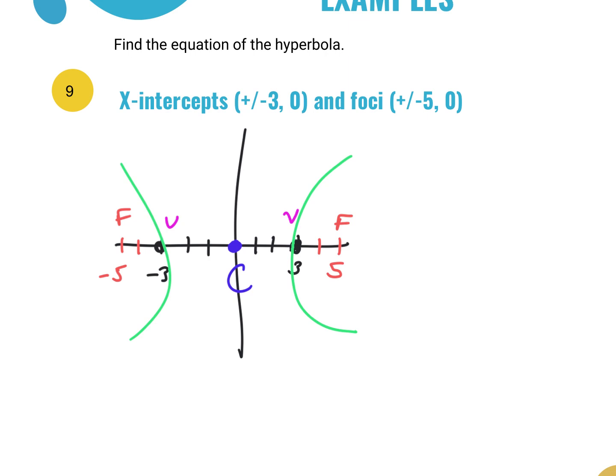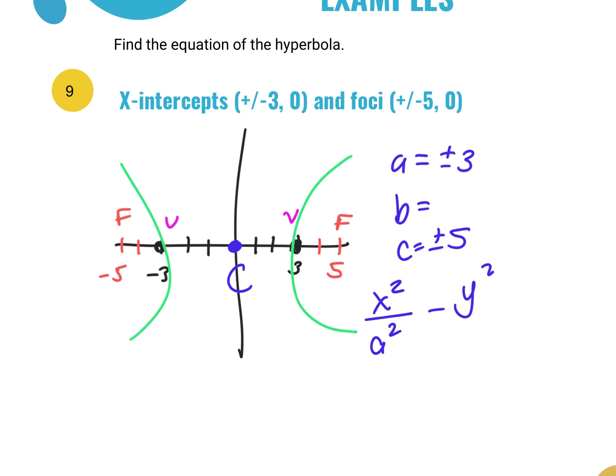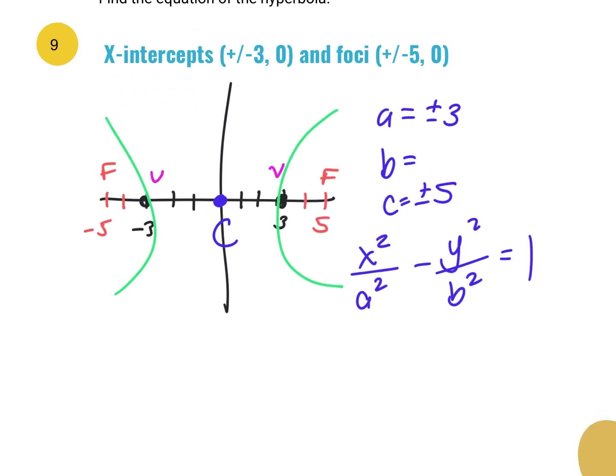Now that we've established all that, we know 2 of the 3 values. What's your A value? Plus or minus 3. What is your C value? Plus or minus 5. Which equation are we going to use? X squared comes first because it's horizontal. Good. We found all of that information literally by plotting the points and thinking a little bit. Now, how would you find the B?